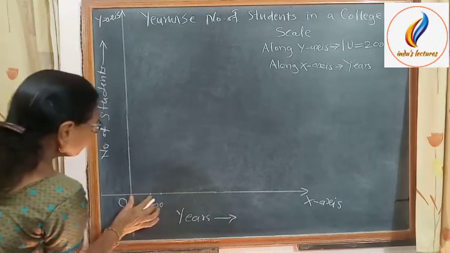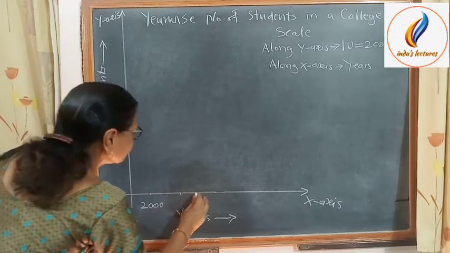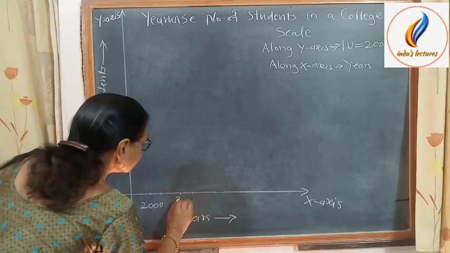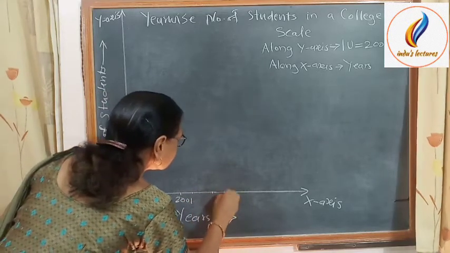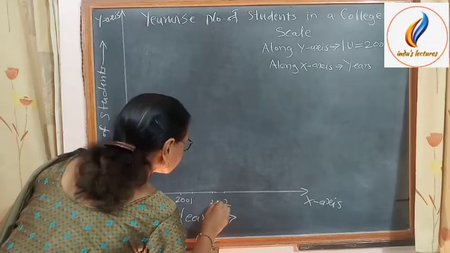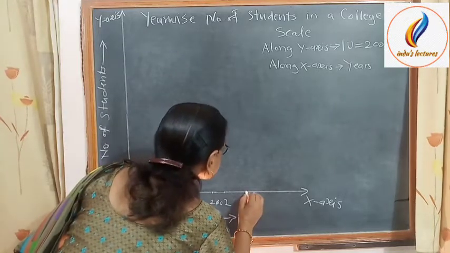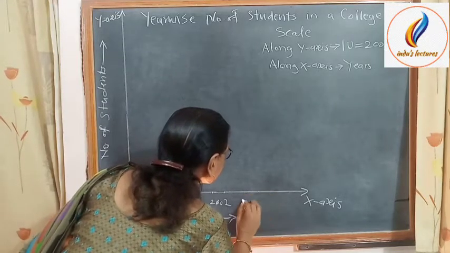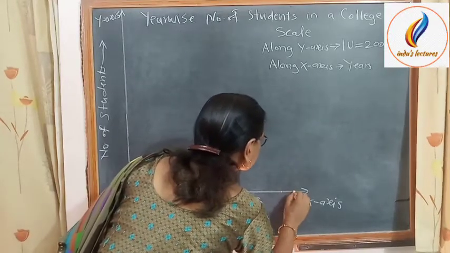Then keep the same distance between bars. The next year is 2001, then 2002, then 2003, and the last is 2004.